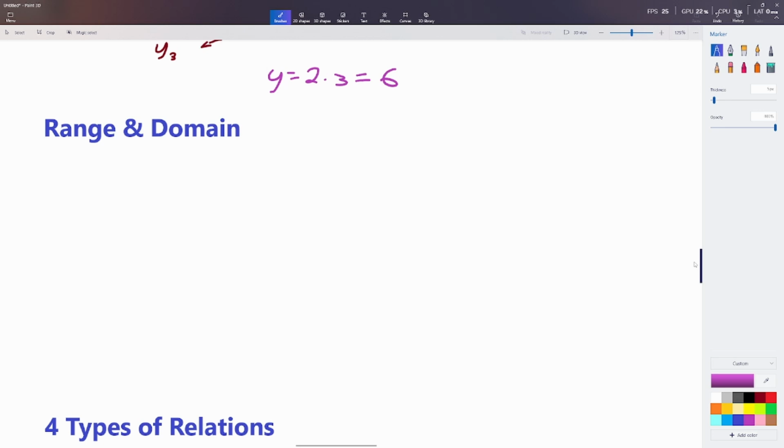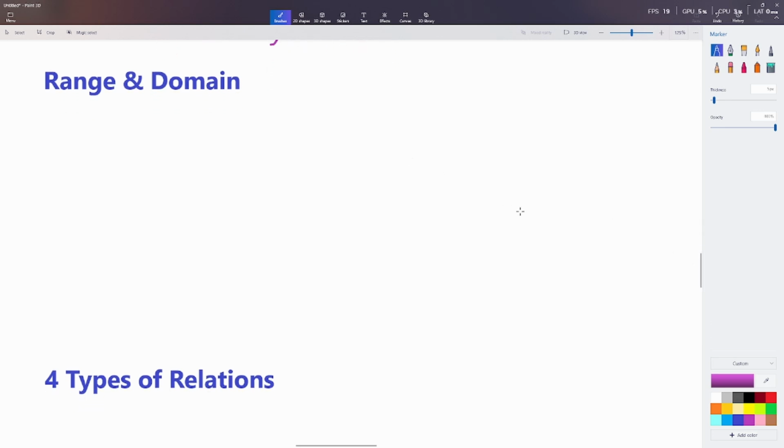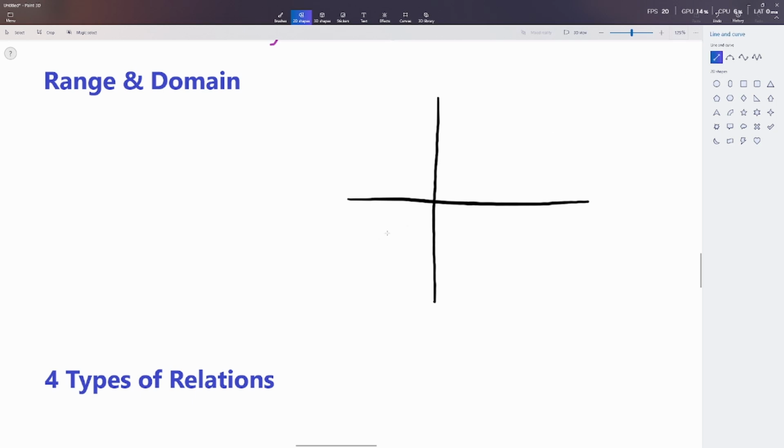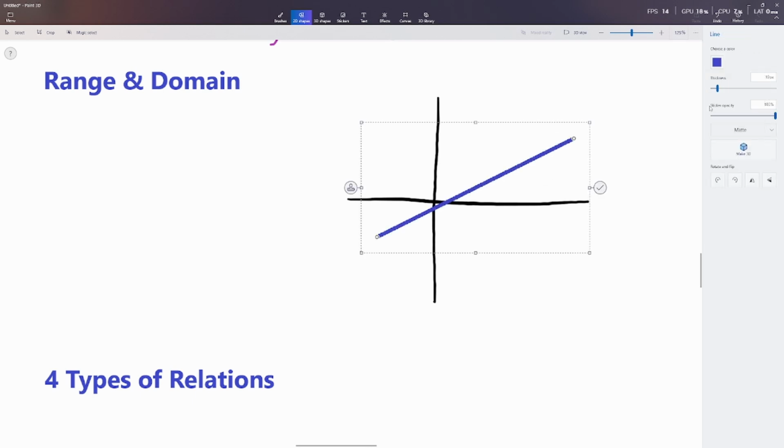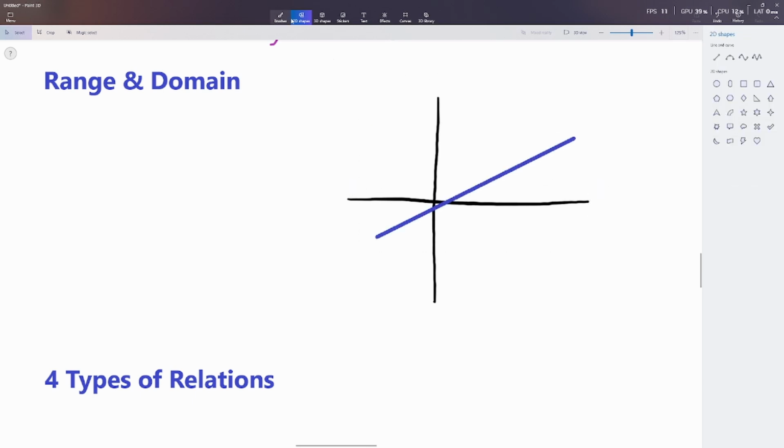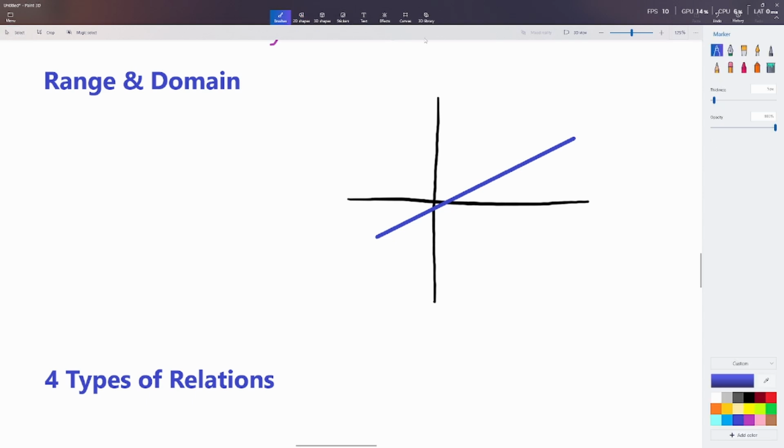So range and domain are also very important that you have to know. So if you have a function, for instance, a line that goes something like this, well, it's very easy to understand what range and domain are.